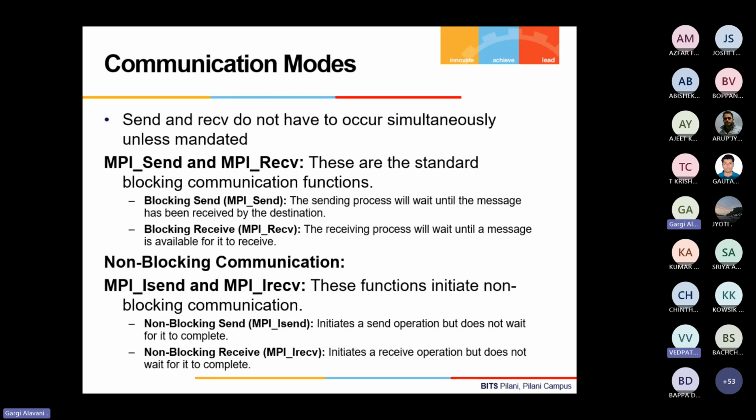What do you think could be issues with non-blocking, and where blocking might be useful, where non-blocking might be useful? Anyone? Non-blocking is something like, if data is huge and the process has to do something else other than sending the data, I think we can send the data using non-blocking send operations and move ahead to do the other process.